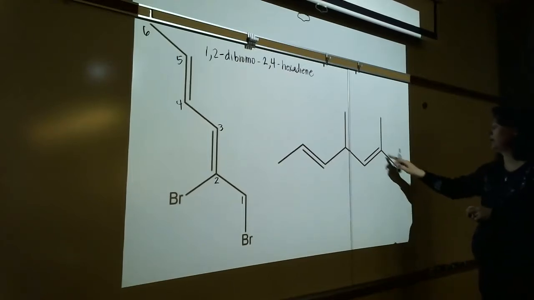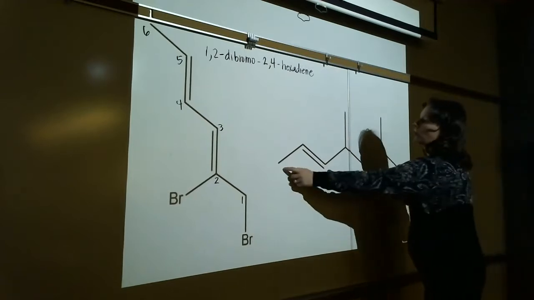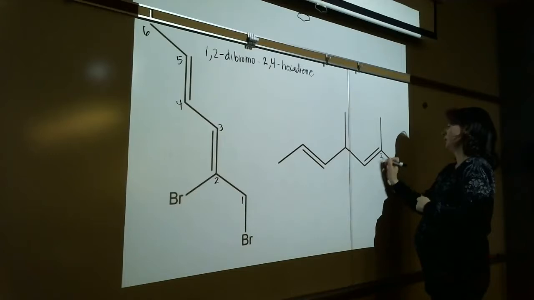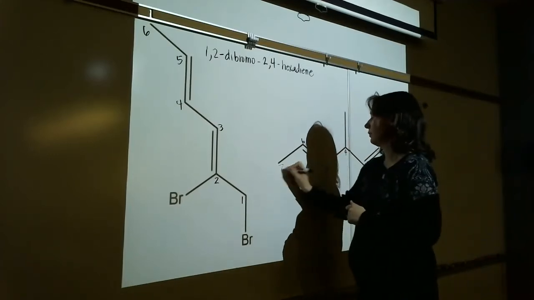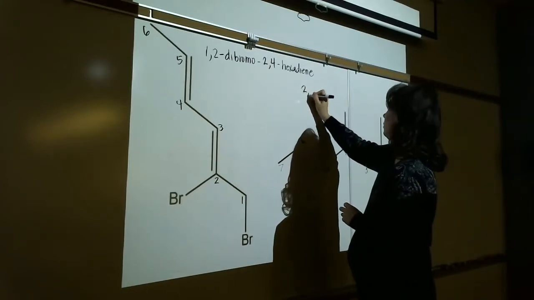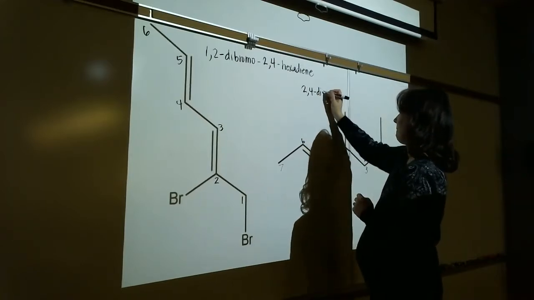Right, because we can go 1, 2 and get a double bond on 2 with a substituent, versus 1, 2, get a double bond on 2 without a substituent. Right? So we're going to go this way. So this would be what? 2, 4, di. What are those groups?